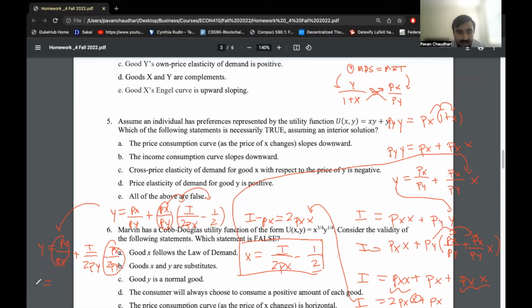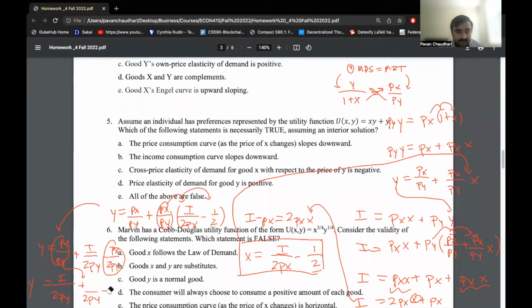So we have px over py minus px over 2py. We can add these fractions. So the first one is 2px over 2py, and the second one is minus px over 2py. If I do 2px over 2py minus px over 2py, that's just going to be 1px over 2py.